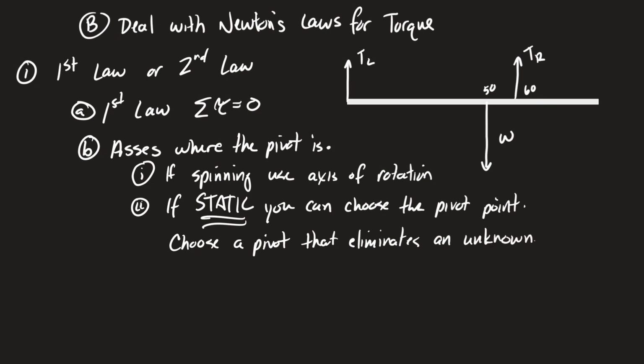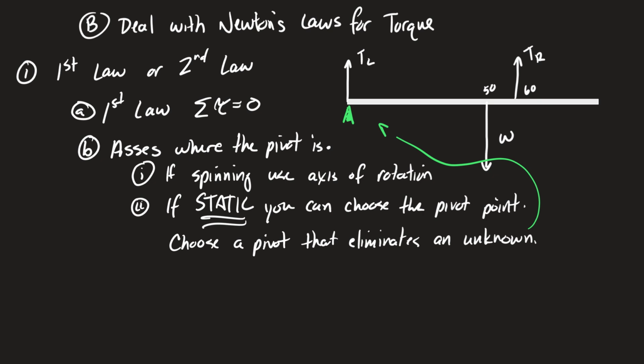So if you can choose your pivot point, choose a pivot point that eliminates an unknown. That is specifically what I'm doing right now. I am going to choose here as my pivot point. I'm picking a place to make my pivot point. Torque requires it because every torque requires that we know what the torque arm length is, so we need to create this point.